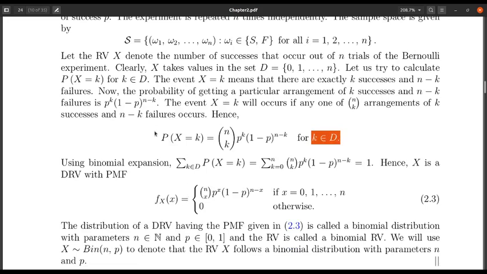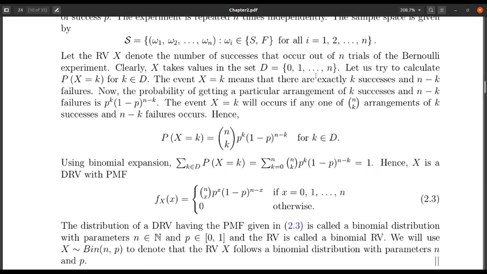Now, if I take the sum of this probability over k belonging to D, which is basically nothing but the sum of this quantity, this turns out to be 1 because this is nothing but the binomial sum. This turns out to be (p plus 1 minus p) whole to the power n. So that basically makes the sum 1. And so what does this mean?